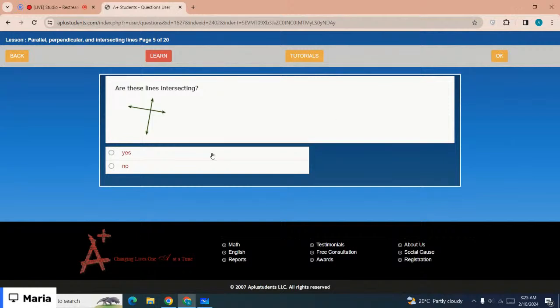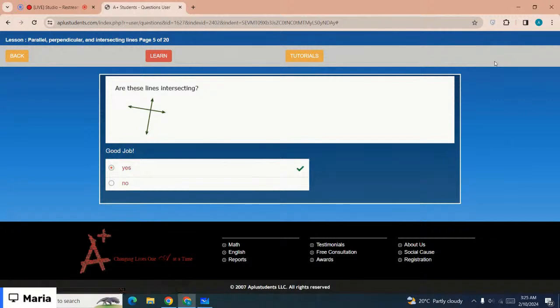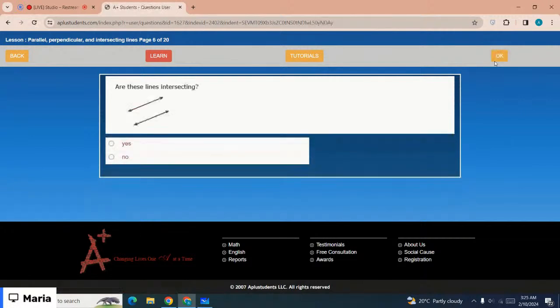The correct option is yes. Are these lines intersecting? No, they are parallel lines.